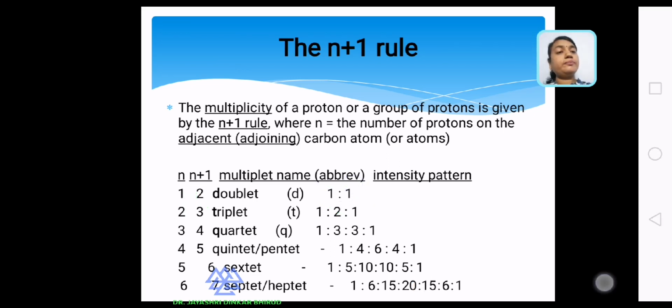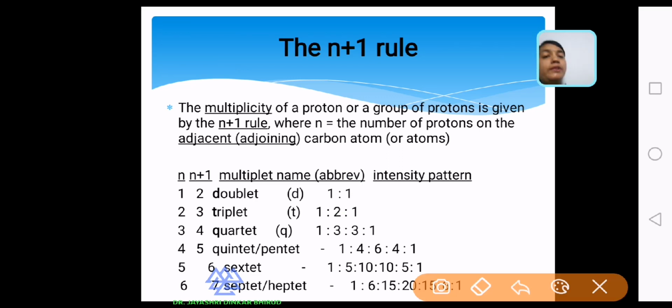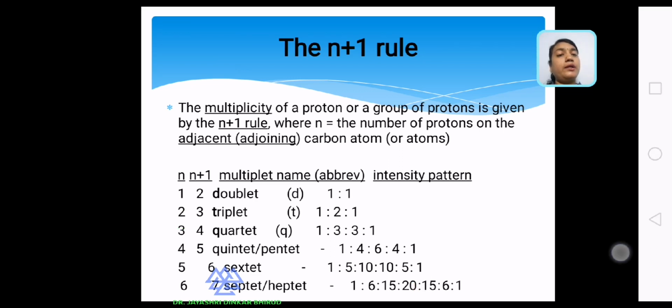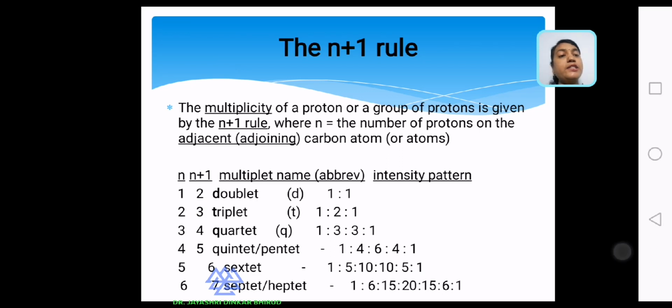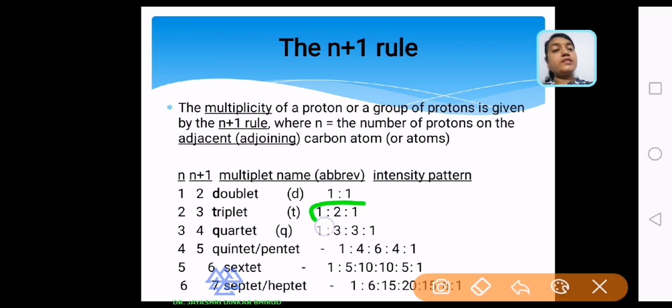In this way, if 2 protons are present on the adjacent carbon atom, the value of n is equal to 2. So according to the n plus 1 rule, 2 plus 1 is equal to 3. 3 means a triplet. The splitting pattern is a triplet, and the intensity of these 3 lines is 1 to 2 to 1.